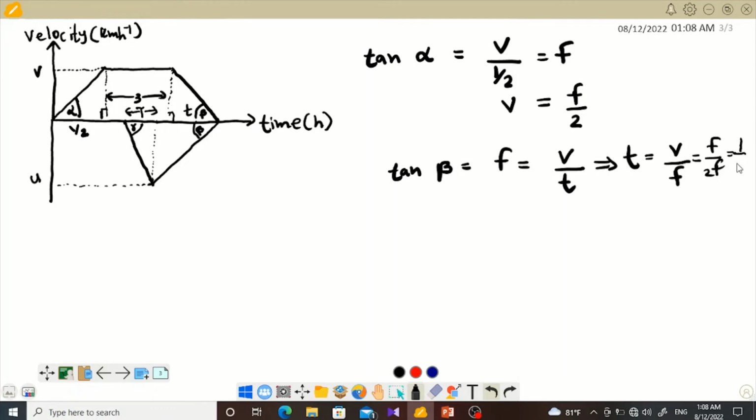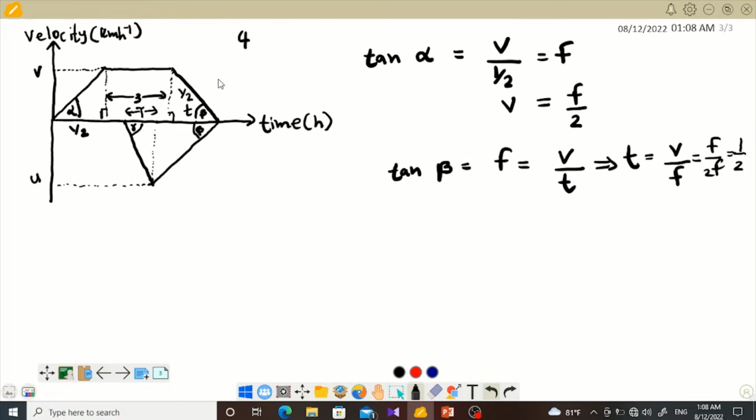So the t value is again half. I write that the t value is half. Now we can find the total time train A moves. There is a half hour, 3 hours, and again half hour. Then the total time is 4 hours.